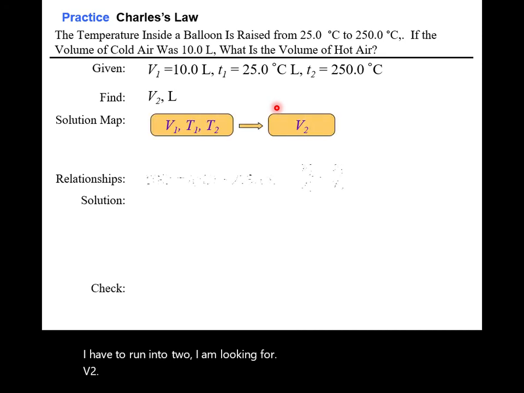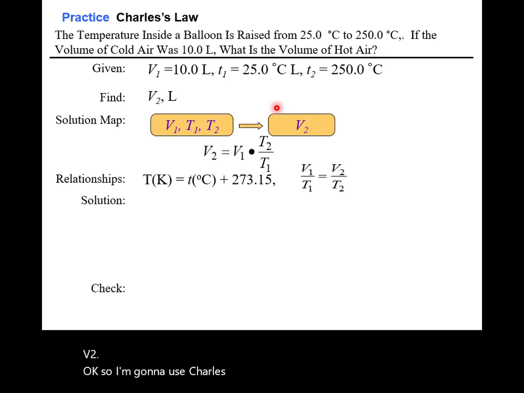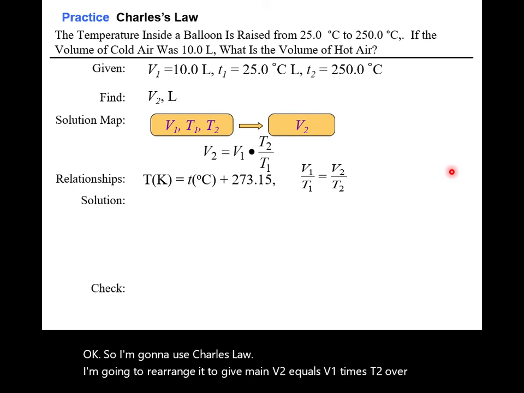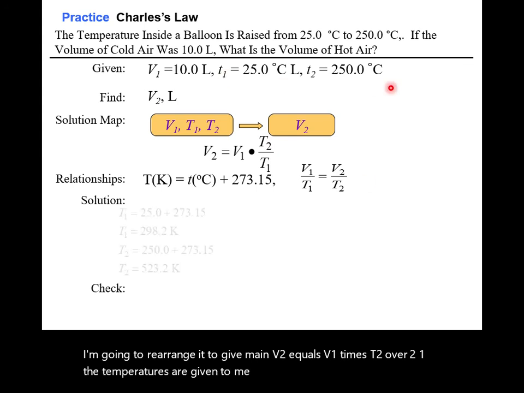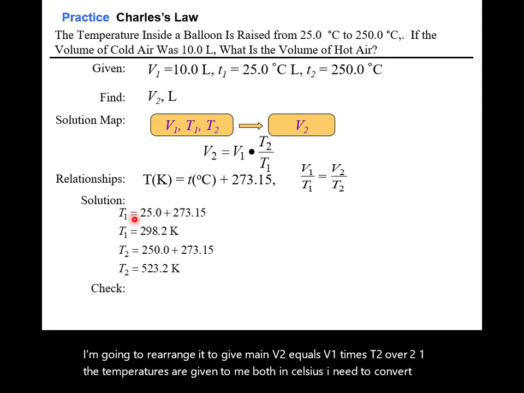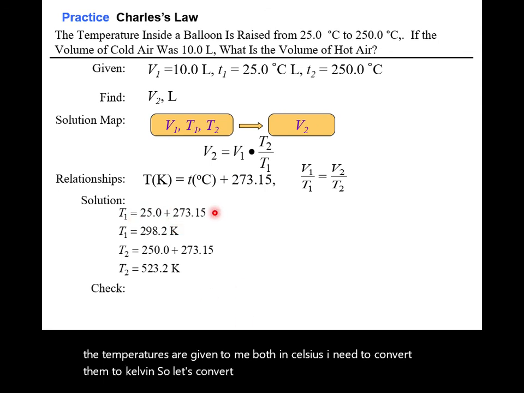Okay, so I'm going to use Charles' law. I'm going to rearrange it to give me V2 equals V1 times T2 over T1. The temperatures are given to me both in Celsius, so I need to convert them to Kelvin. So let's convert both temperatures. I'm going to add 273 to both. I get them in Kelvin.